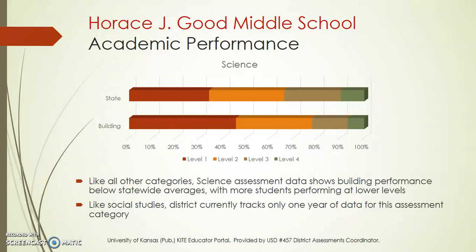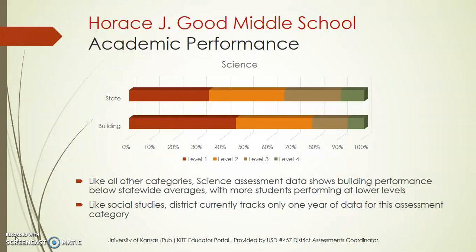Like social studies, science assessment data also shows that level 1 and 2 students are performing, and we have a greater number of students performing at those levels, with fewer students performing at the higher levels. And again, like social studies, this reflects only 1 year of data. So all in all, our district is a little bit behind the curve when compared to state averages.